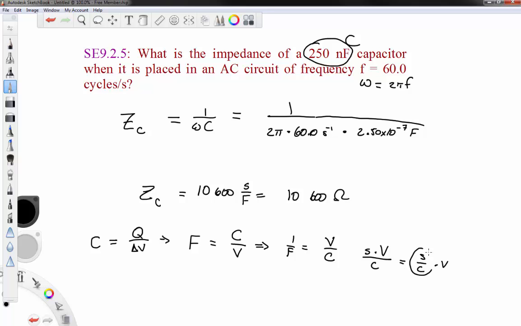This right here is the unit that goes with current, and this right here is the unit that goes with voltage drop. And recall that resistance is voltage drop per unit current, and that is in ohms. So this is 10,600 ohms.